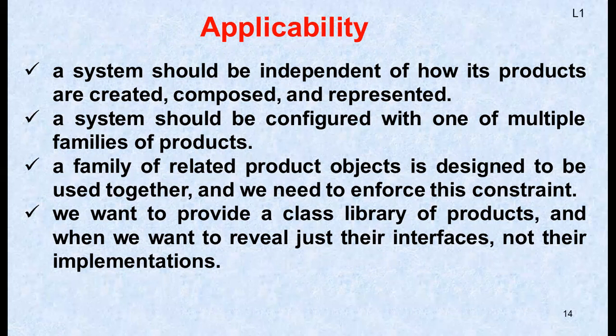We use it when a family of related product objects is designed to be used together and when we need to enforce these constraints. And we also use it when we want to provide a class library of products and reveal just their interfaces, not their implementation.